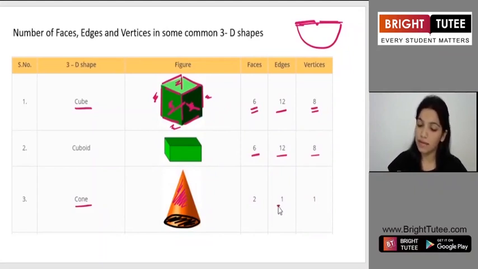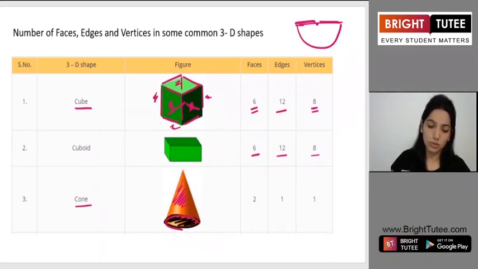Now, how many edges do you see? How many corners? Clearly, the bottom end has no corners, as it is not made up of any line segment. It's just a single curve. Now, coming to the number of edges in a cone.